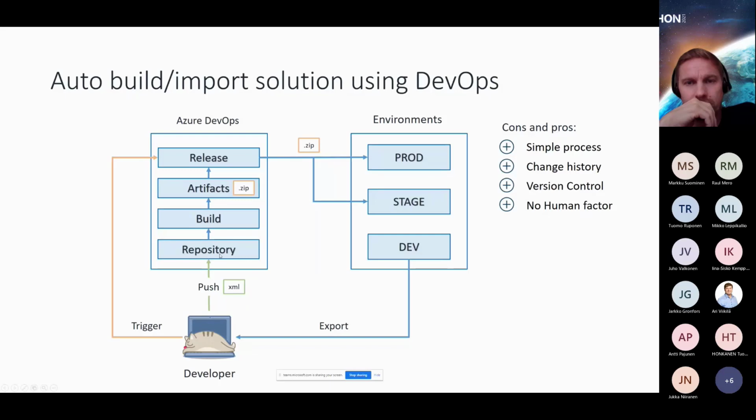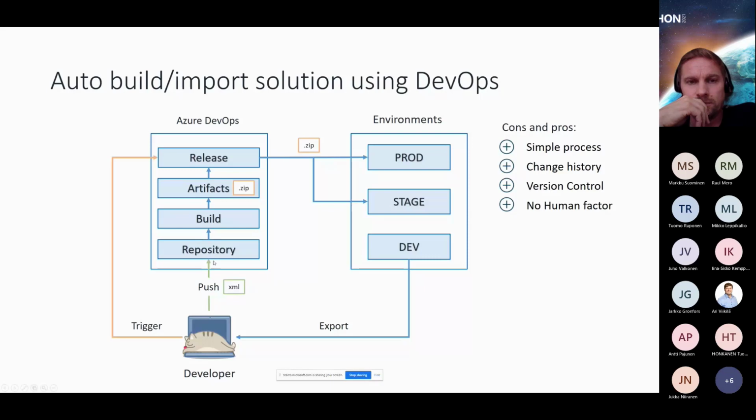So we will have the history. Also, as we keep our solution in the repository in unpacked form, this means we can get any version of that solution. And what happens next?